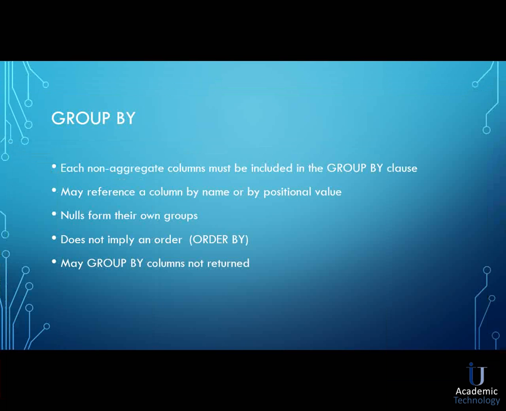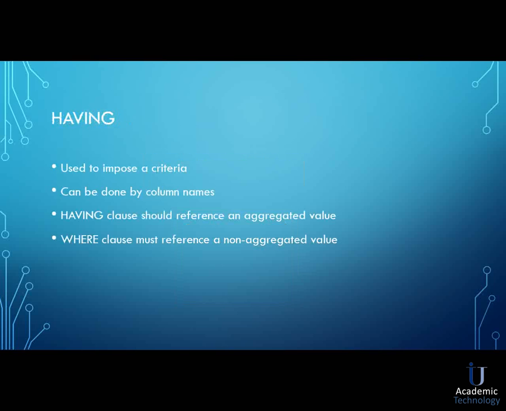So that solved, let's move on to the having clause in the SQL statement. The having clause is another way for us to add criteria to our SQL statement. It has to be done by naming the columns.